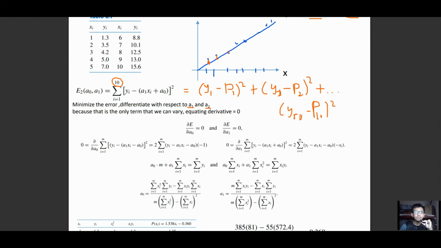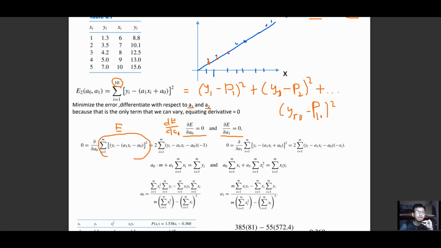So first we have to compute this and this, and equate the derivative to 0. We use partial derivative notation instead of dE here because we have so many variables. So it is wise to use this notation instead of D. Here we take this one as E.